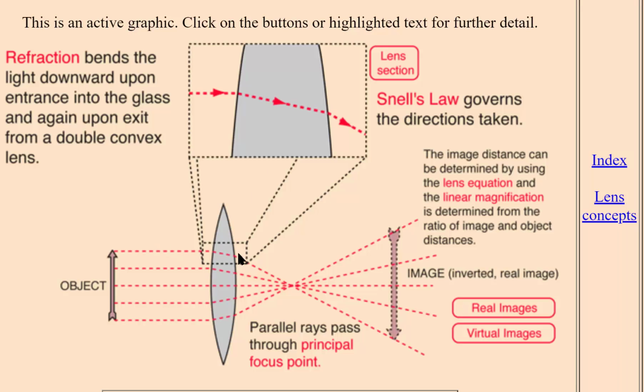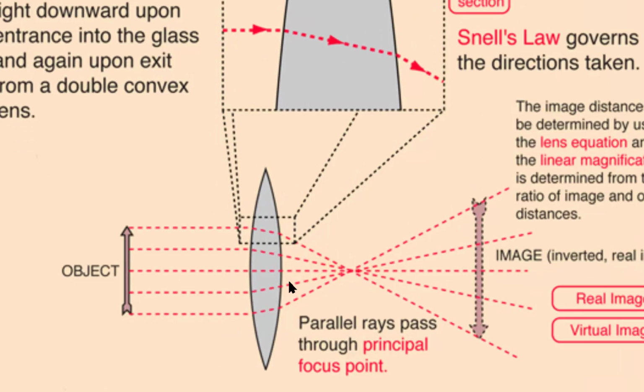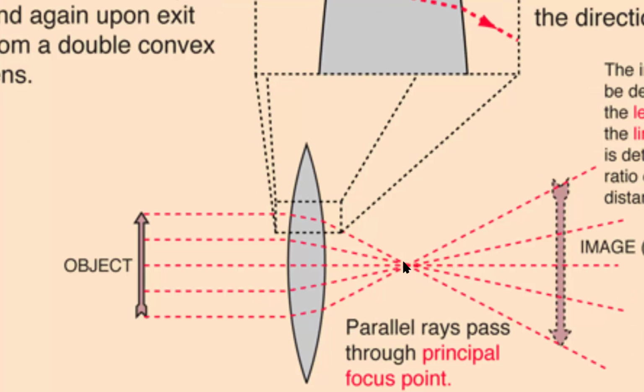So after the light leaves the lens, all of the light will reach what is known as the focal point, because all the rays, as you can see, are being directed towards the same point, and this is known as the principal focus point.